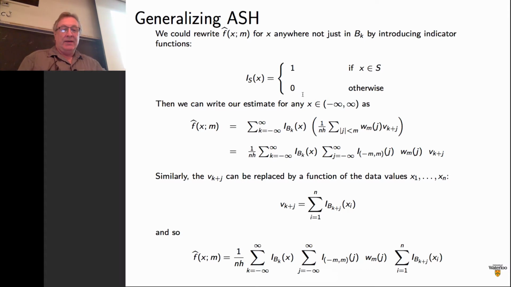That means I can take our density estimate for any X in BK and put an infinite sum over all of the intervals, because this indicator function will just pick off the one interval that matters, the kth one, wherever X appears. So that's sort of trivial. All I've done is insert this, so now I can say this is true for all X on the real line. That's my estimated density.